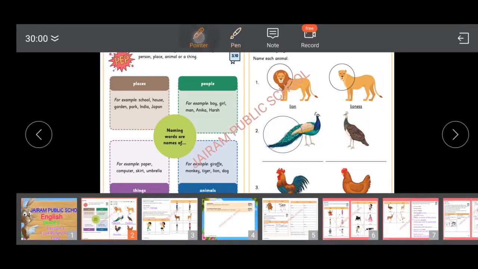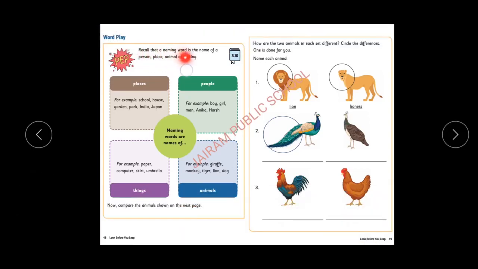Recall that the naming word is the name of a person, place, animal, or a thing. So the naming word can be the name of a place, an animal, a person, or an object. It may be any name.